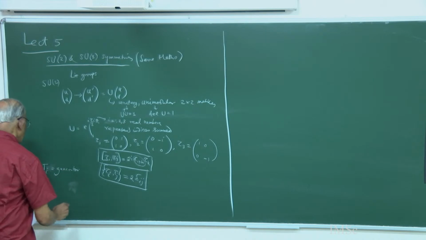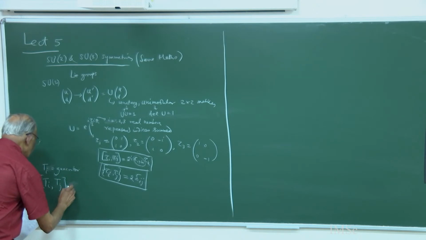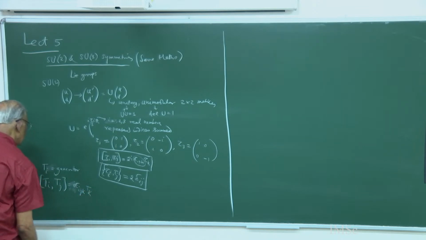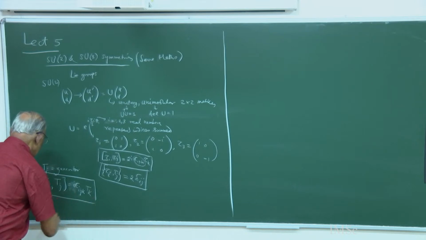So the generators satisfy the algebra: the commutator of Ti and Tj is i epsilon ijk Tk, again k summed over, without the 2. This is called Lie algebra.